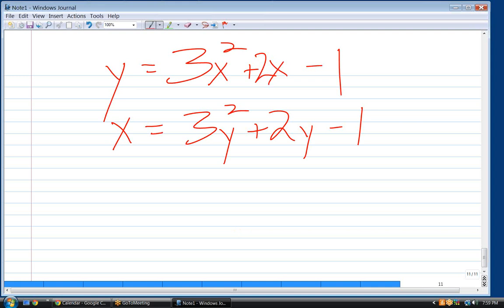Well, if this was equal to 0, I could apply the quadratic formula. If we have a quadratic and we're trying to factor it, the quadratic formula is always there, but you can only apply it if it's equal to 0. So in order to solve this for y, I have to treat x like a constant.